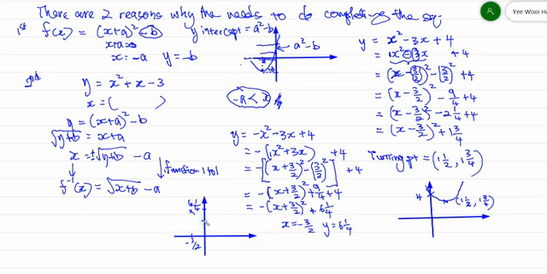So let's say there's 4 here. It means the curve goes up here, passes through y equal to 4, the y-intercept, and will come down. So the coordinate at this point would be minus 3 over 2 and 6 and 1/4. Okay, so that is how you do completing the square.